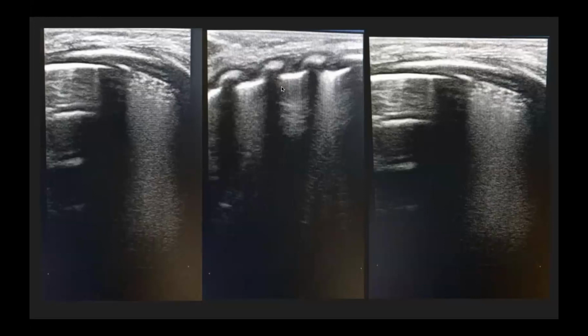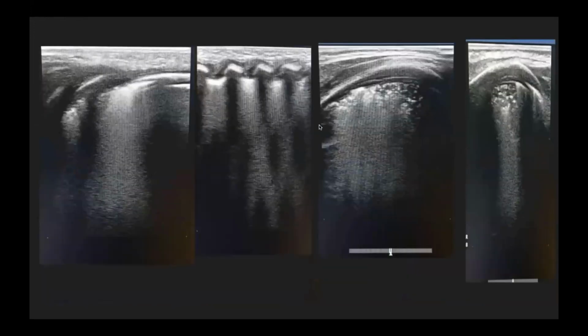If we are to grade the abnormality, this area is normal, this is abnormal, and this is a kind of white-out appearance, so this is severe. So clearly we can see a gradient of abnormality versus normality in the regional distribution. And this is again from the posterior aspect, where in the intercostal space we can see areas of consolidation with confluent B lines.